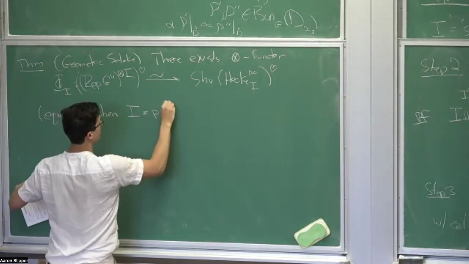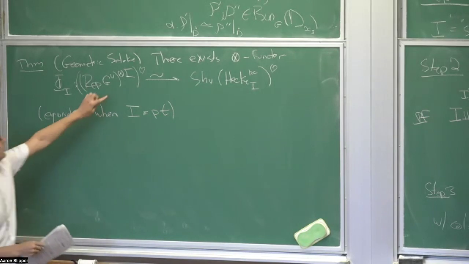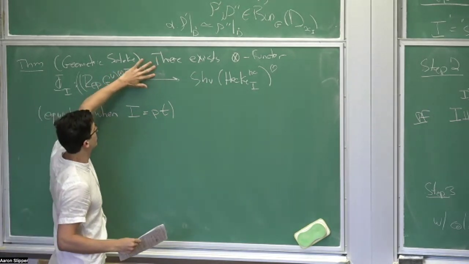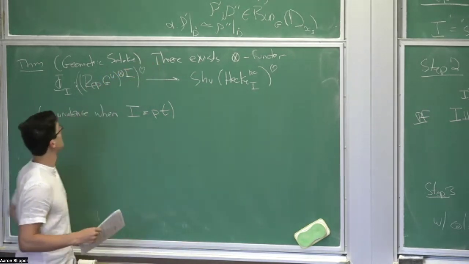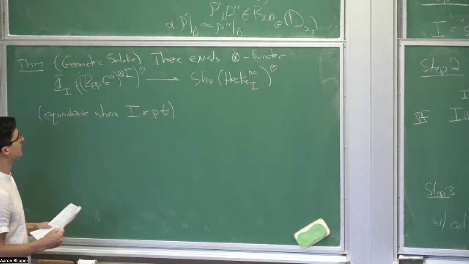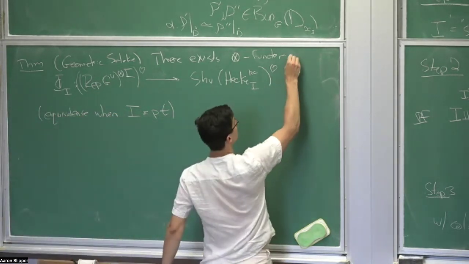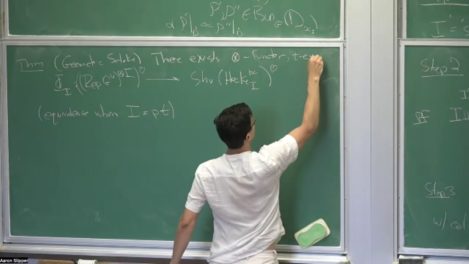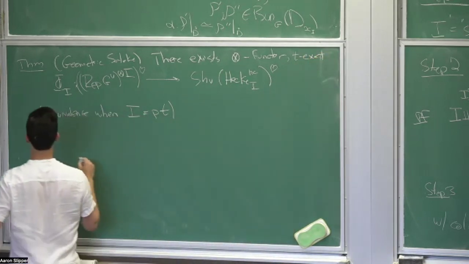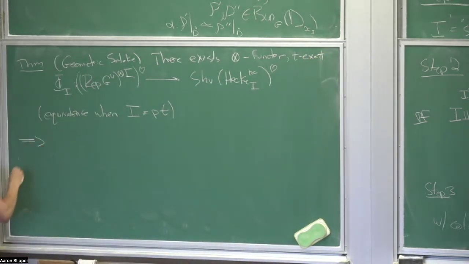And in general, it just says that there exists a functor from here to here. And furthermore, this functor is t-exact. So we may extend it to the full derived category.